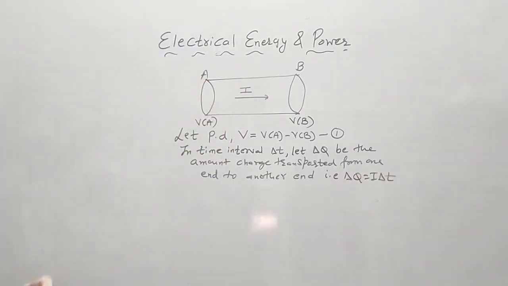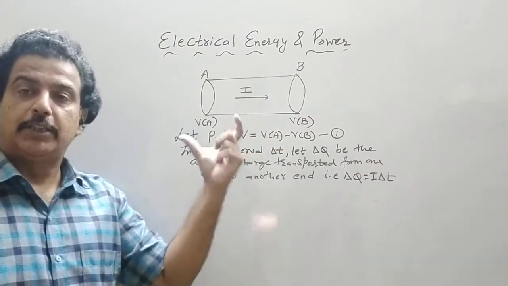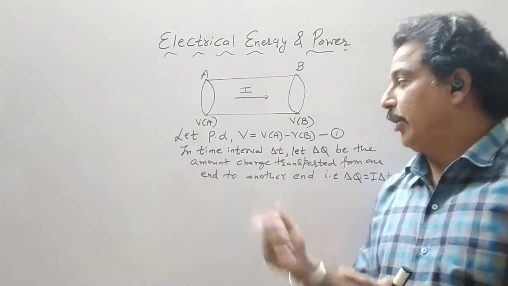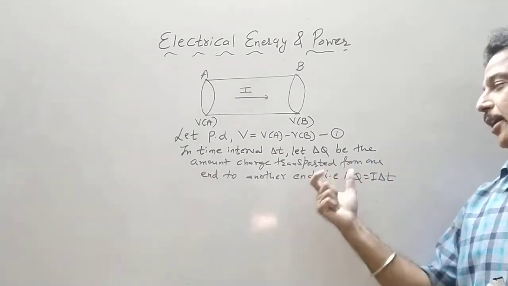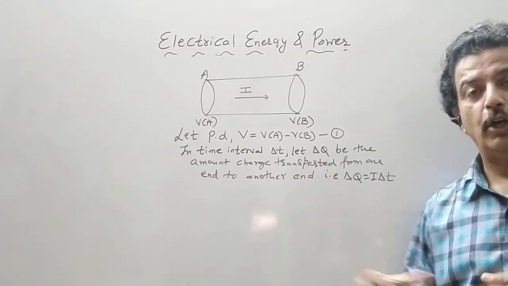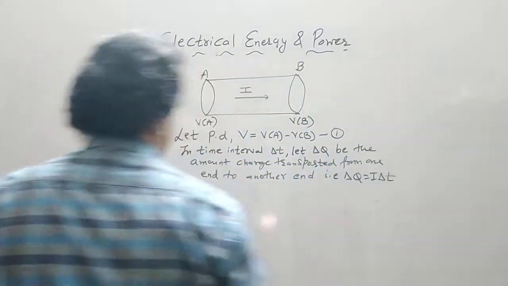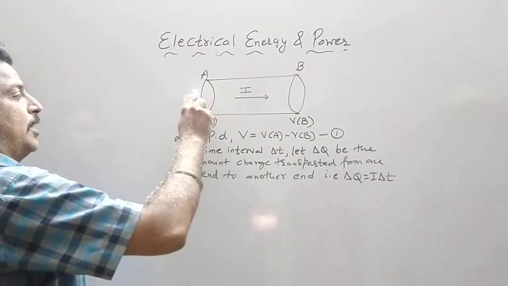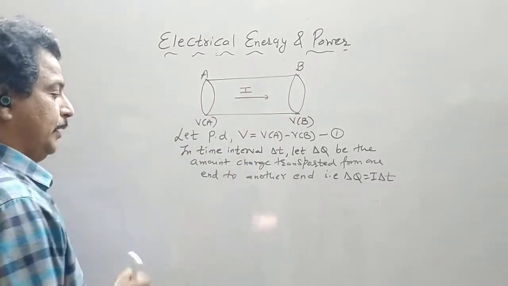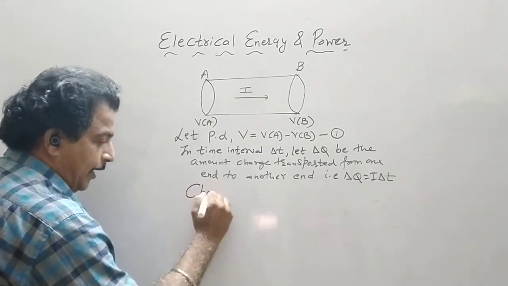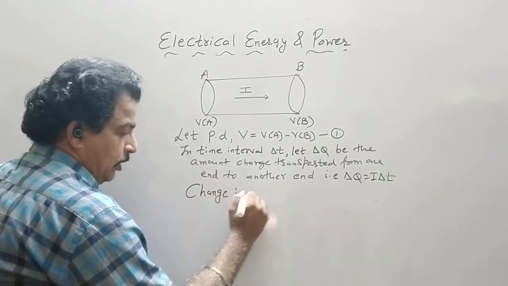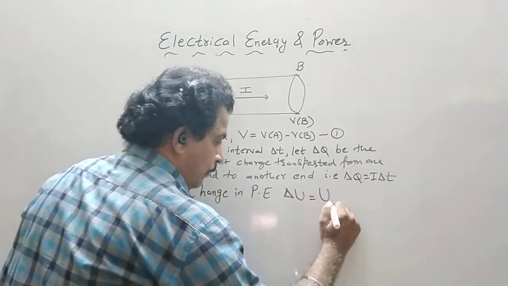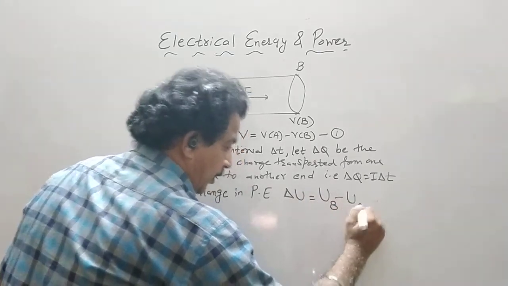Now, since there is a potential difference between the two ends of the conductor, the potential energy of the charge will also change. And since the current is flowing from A to B, or the charge is transported from A to B, the change in potential energy delta U is equal to final minus initial.